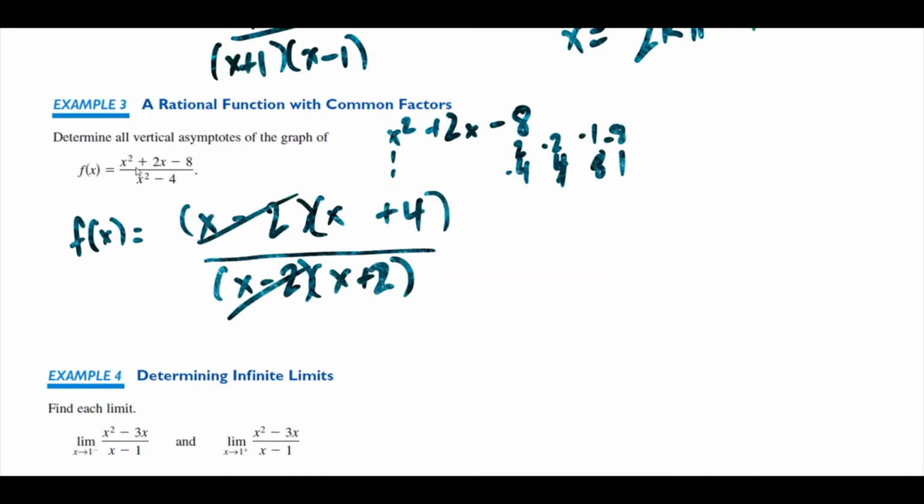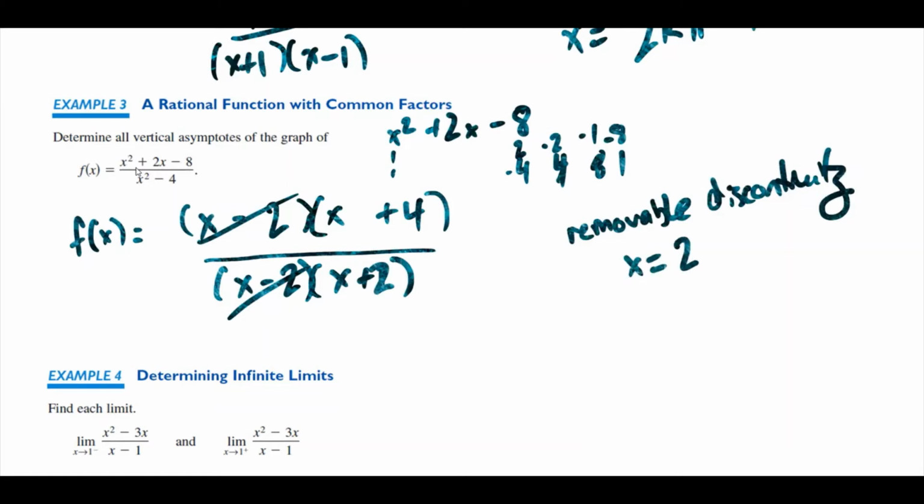So that means that we have a removable discontinuity at x equals 2, and we have a vertical asymptote at x equals negative 2, because that is when our denominator gets a 0.